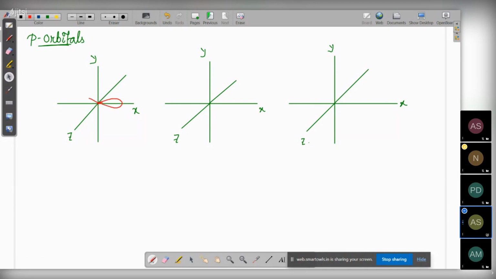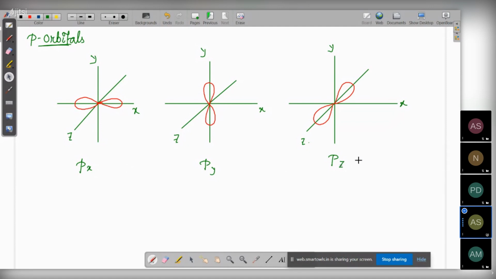We had seen the 3-dimensional shape already on that website. Here we just draw the diagram. Obviously, I cannot draw a 3-dimensional object on paper, that is why it will look like this. For the py orbital, it will lie on the y-axis, like this. And the pz orbital is going to lie on the z-axis. This is your px, py, and pz, and these are the dumbbell shaped orbitals.